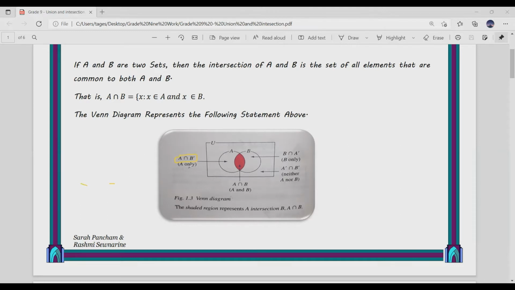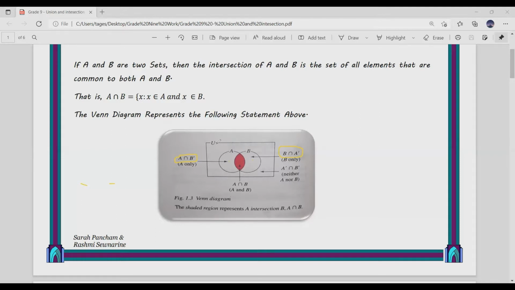That means the elements that are only in A, and B intersect A complement here is going to be B only, only the elements that are in B. And A complement intersect B complement means that it doesn't belong in either of the sets.